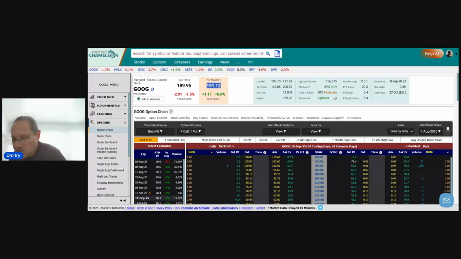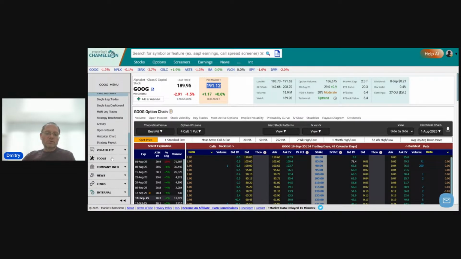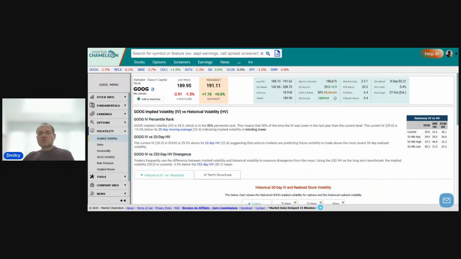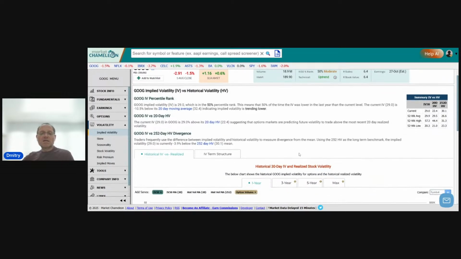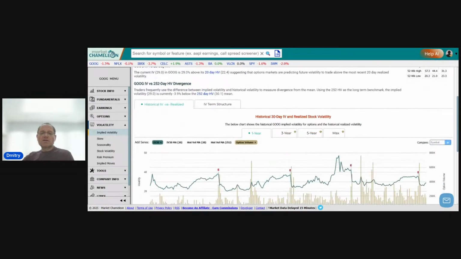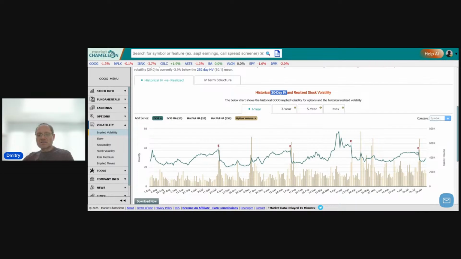But for our purposes, we're going to look at a 30-day constant maturity at the monies, and that's what this is over here. If we go to the volatility, implied vol, right here, we're tracking a 30-day constant maturity IV, implied volatility. That's what this line is.